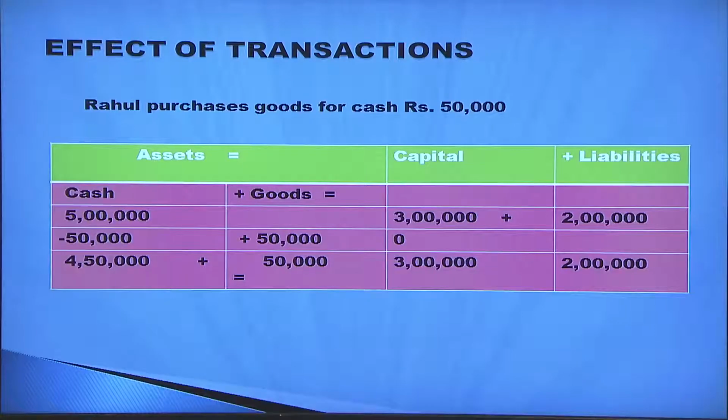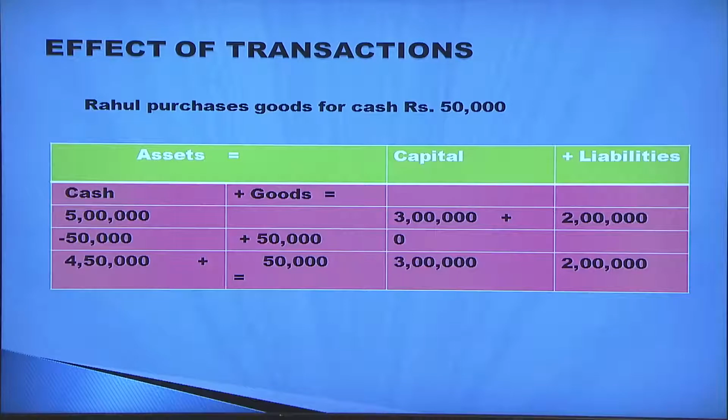Another transaction. The earlier accounting equation is given: cash 5 lakh equals 3 lakh plus liabilities 2 lakh. Then another transaction: Rahul purchases goods for cash rupees 50,000. Goods are coming inside the business for rupees 50,000. So, goods will be included under assets, and under the goods column, rupees 50,000 is increased. Goods are purchased for cash, which means cash is going from the business.